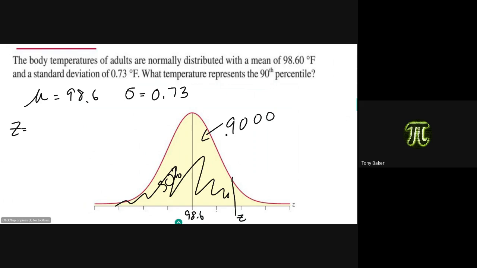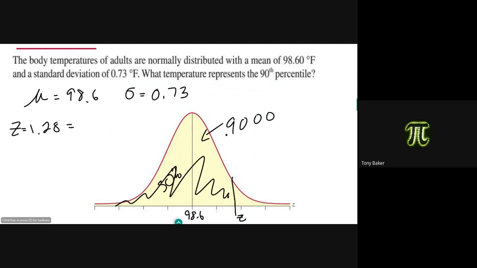So you get the closest one to it. 0.9015. I think 0.8997 is probably closer. So what are we at? 1.28? All right, so 1.28. So we've now taken the 90%, we changed it into a Z-score.